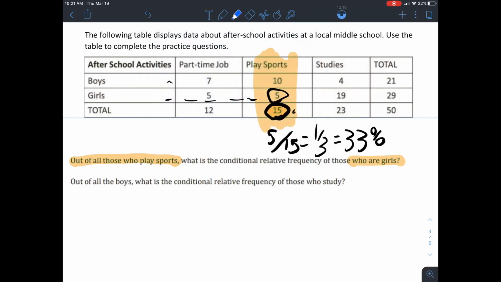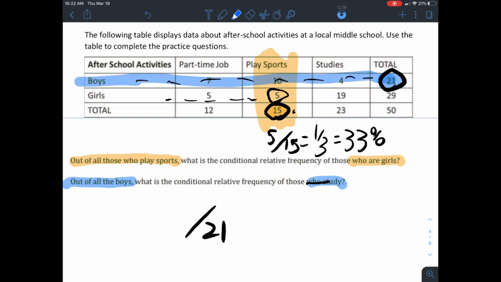Next, let's look at our next problem. So this time it says out of all the boys. So go to boys, go to the boys subtotal. We go boys, subtotal is 21. All right? So out of all the boys, so we know our new denominator is going to be 21. Out of all the boys, what is the conditional relative frequency that they study? Okay, so because we're looking at boys, we're only going to use the boys row.